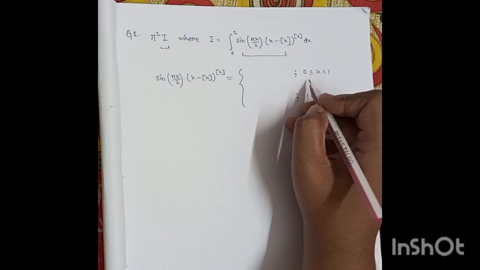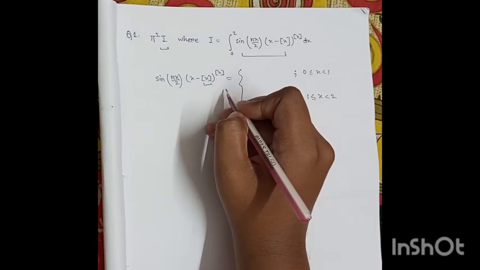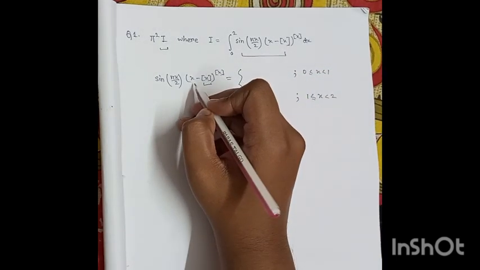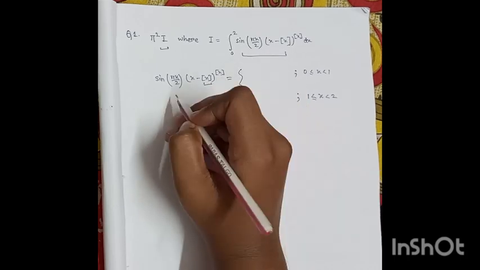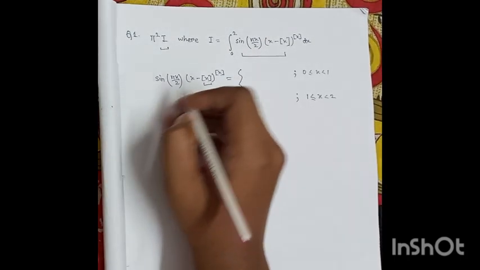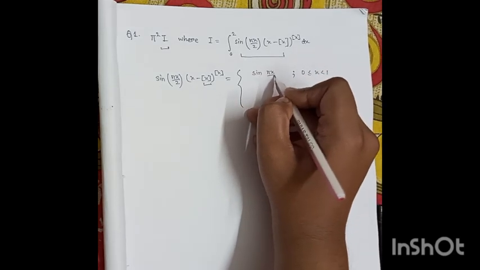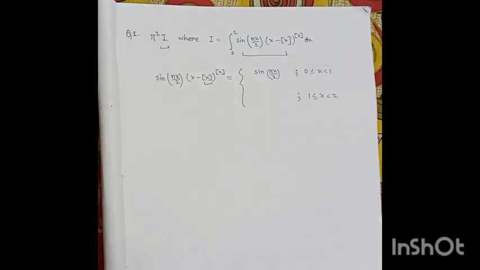When x varies from 0 to 1, the greatest integer x will become 0. So this part will become x minus 0 whole to the power 0, that is 1, times sine pi x by 2. So it simply becomes sine of pi x by 2.